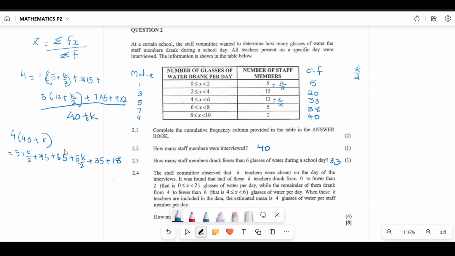Now it's an equation. The only unknown is k, so solve the equation to get the value of k.